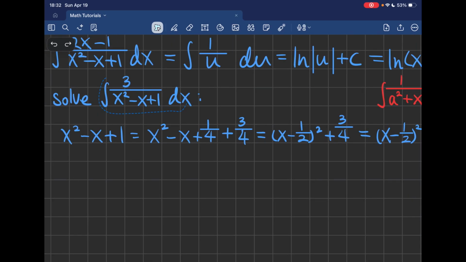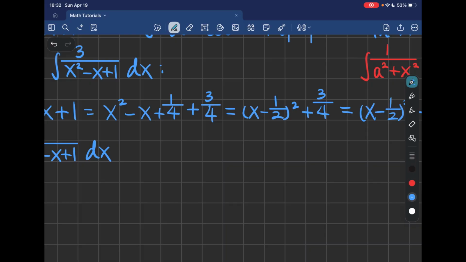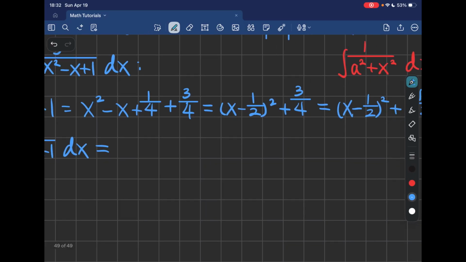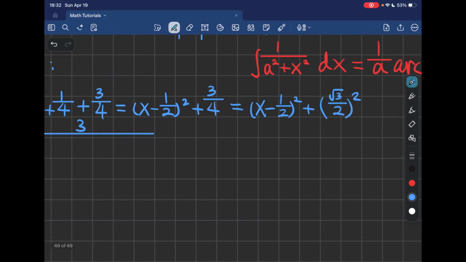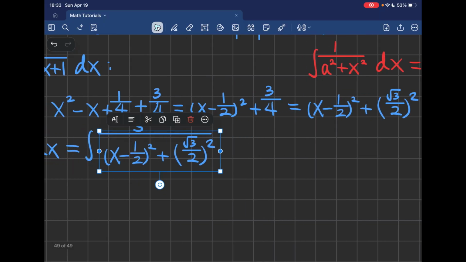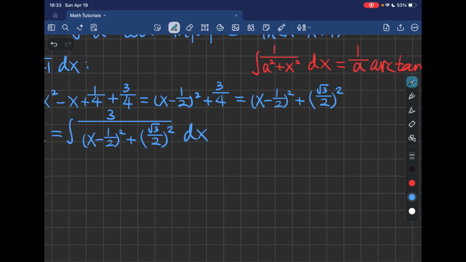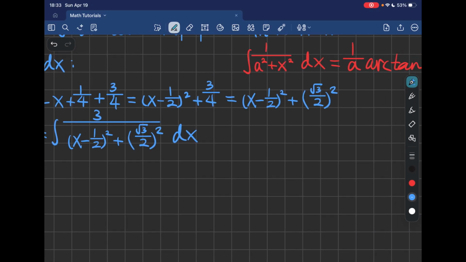So now let's rewrite this and start using the formula. So that equals 3 over the sum of this, dx. Oh, we can pull 3 outside, right?